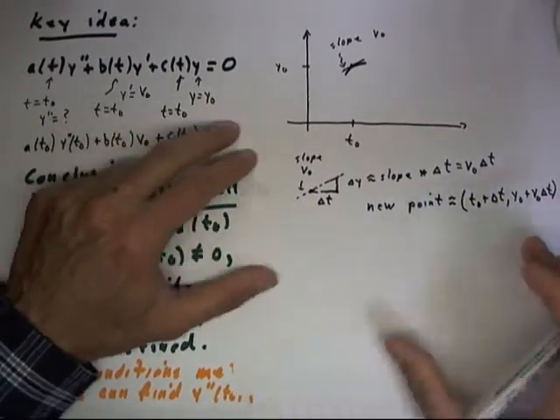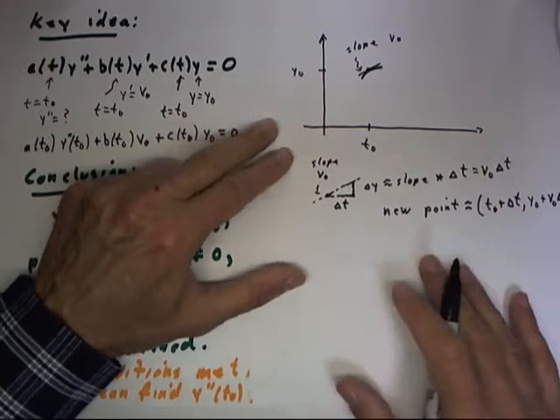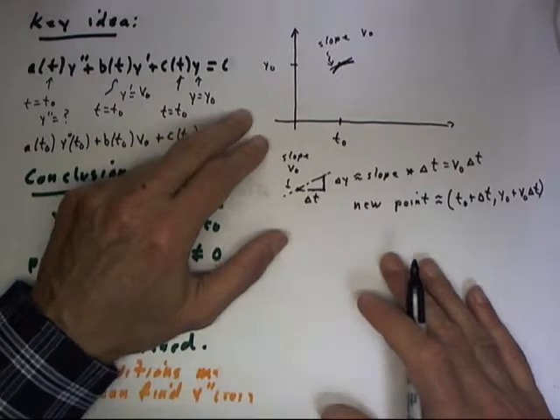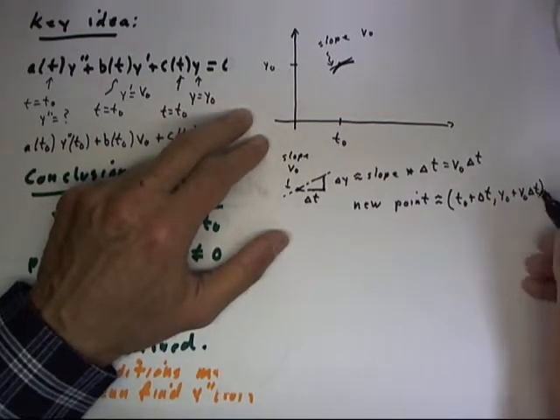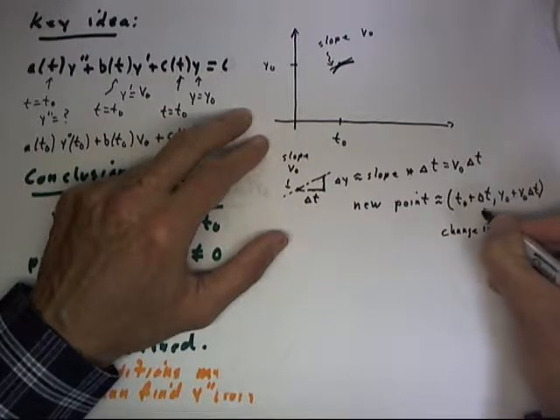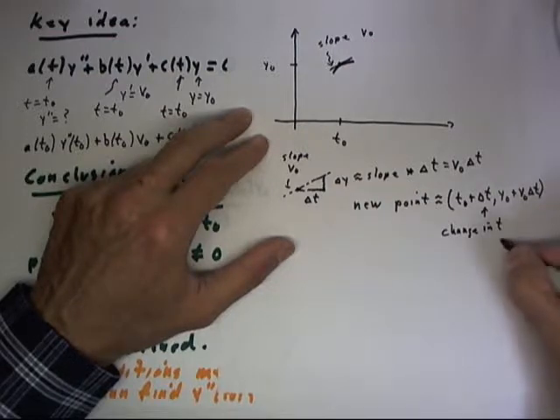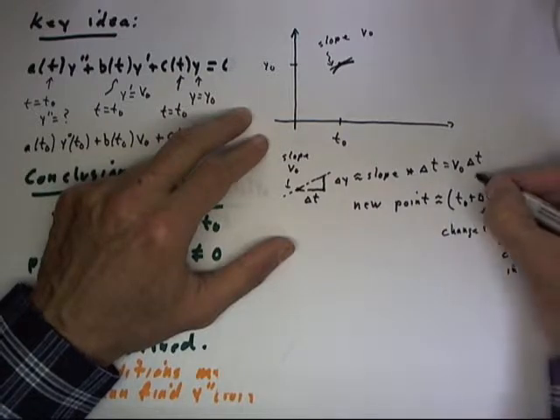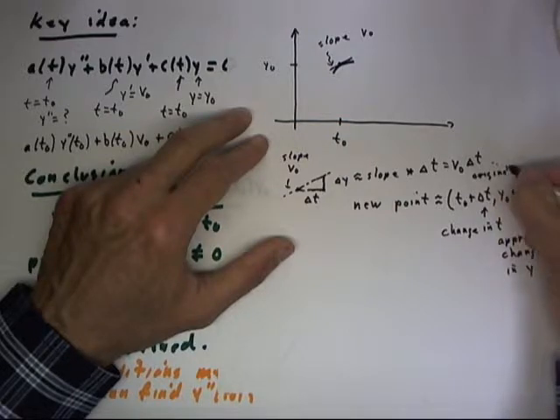Now let's see if we can get that all on the camera here. Okay, I think we've got it all. This is going to be our new point. This is our change in t. This is our approximate change in the value of y. And of course, this is our original y and t values.